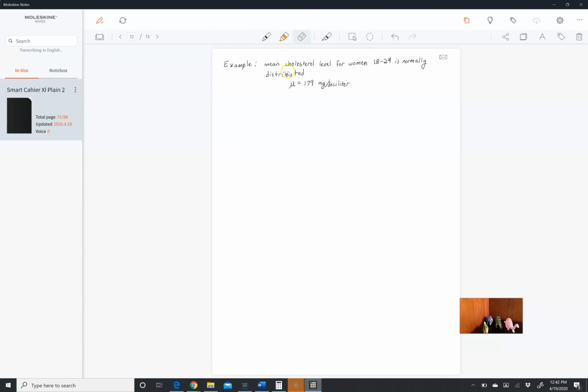So when we take the mean of all of those cholesterol levels, we get 179 milligrams per deciliter. And the standard deviation here is 38.9 milligrams per deciliter. Okay, so we want to know what's the total cholesterol level in the lowest 1%.